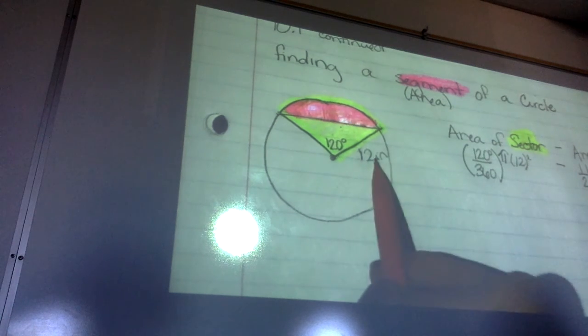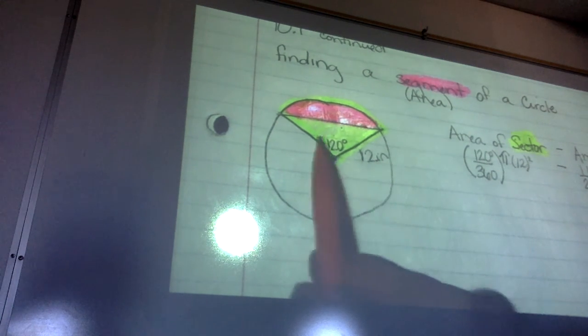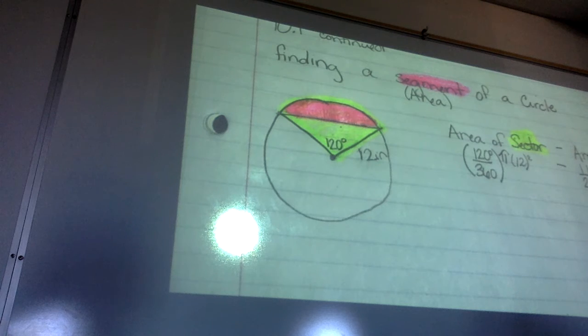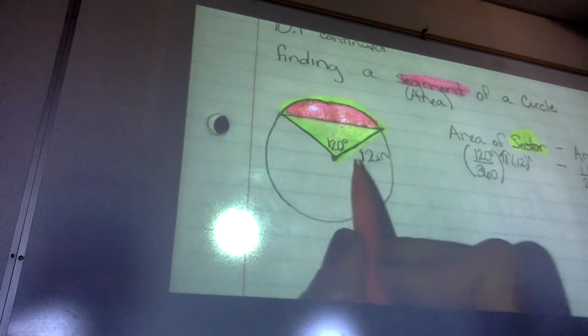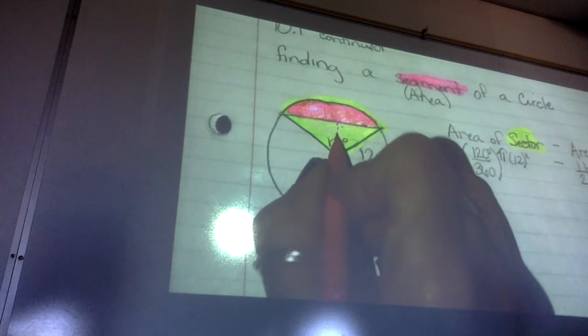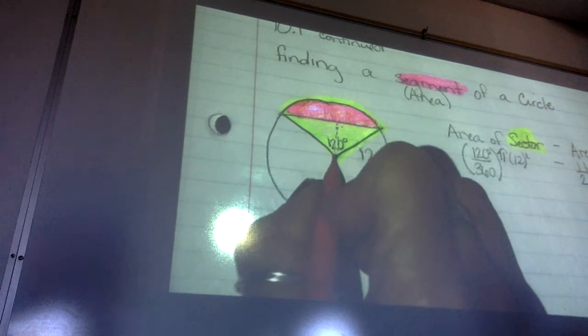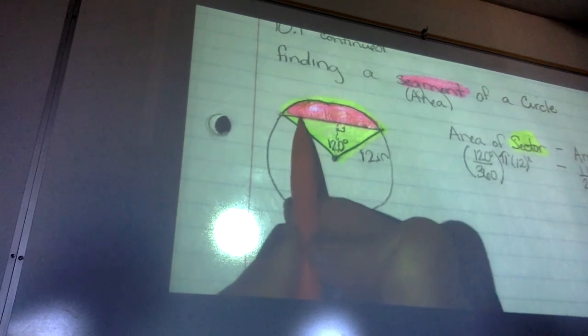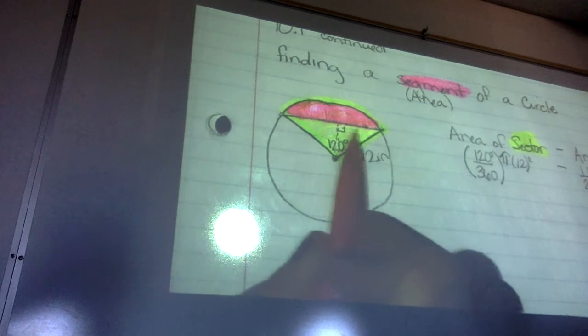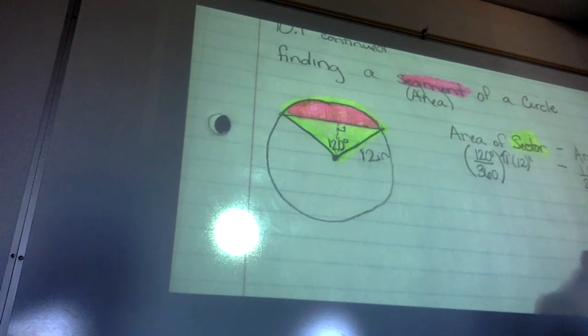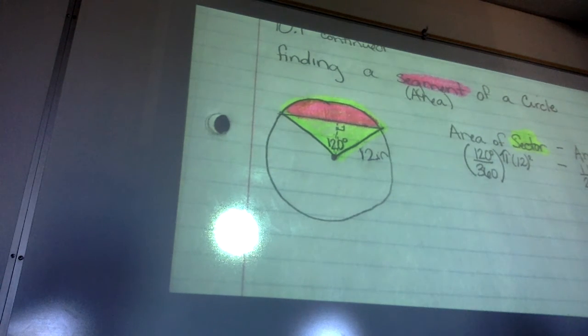Is the 12 our base or our height at all in this example? No, it's not. Our height is here, and our base is across the bottom here. We don't have either of these, so we can't fill in any of those numbers. We'll have to find those.